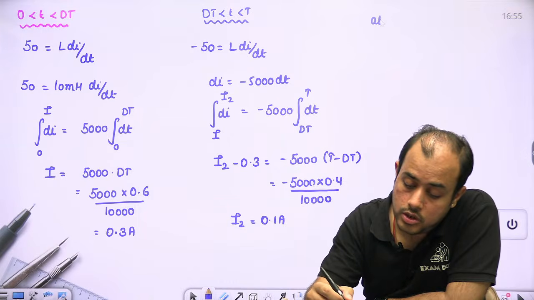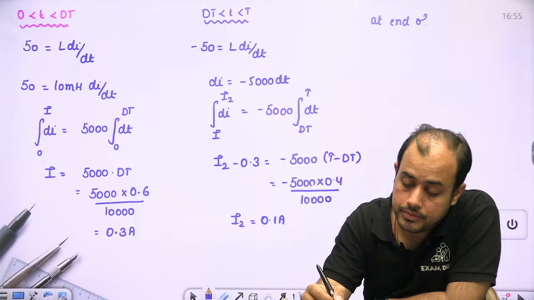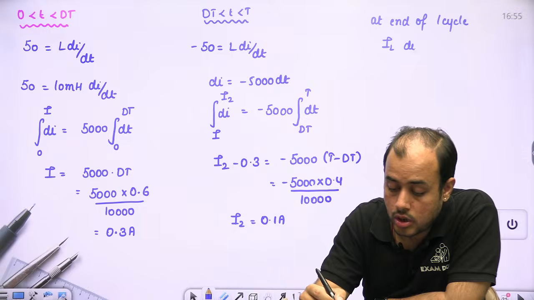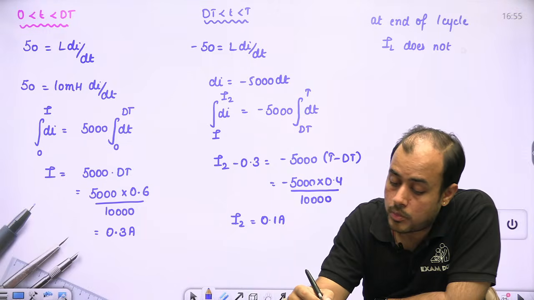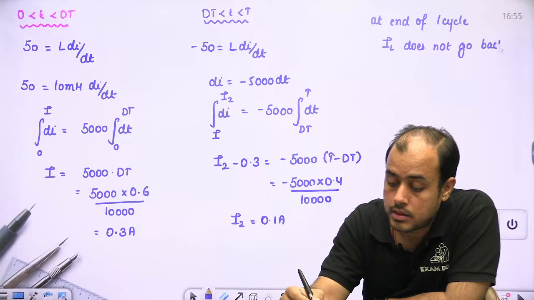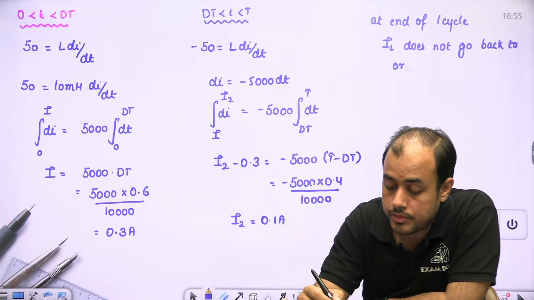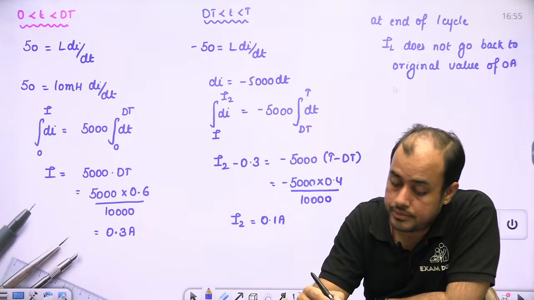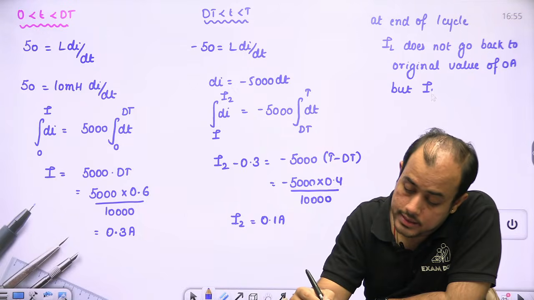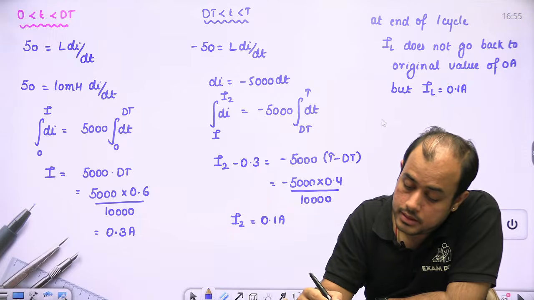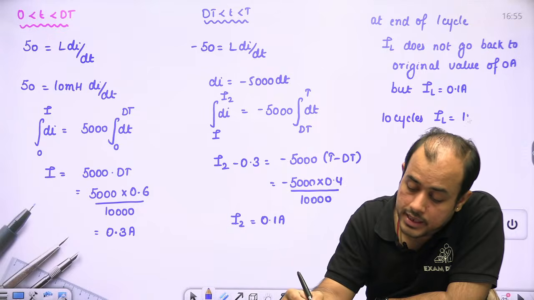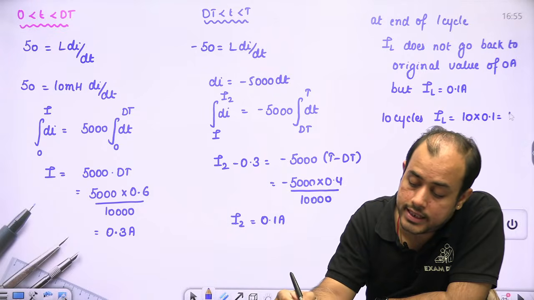So at end of one cycle, IL does not go back to original value of 0 ampere, but IL is 0.1 ampere. So now at the end of 10 cycles, in every cycle current will increase by 0.1.